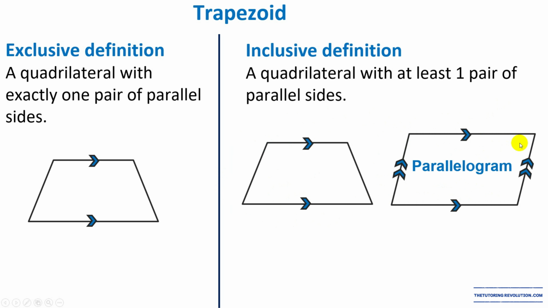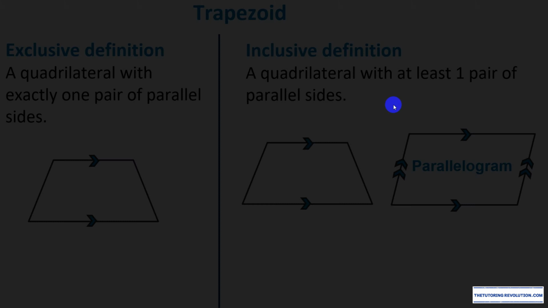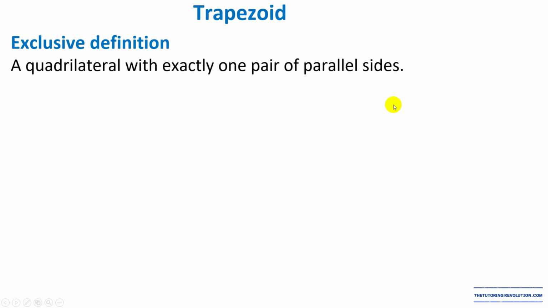It has two actually. So this definition includes parallelograms as part of the trapezoids. So we will be working with the exclusive definition throughout this lesson: a quadrilateral with exactly one pair of parallel sides. That's the definition we will be using for most of the properties.